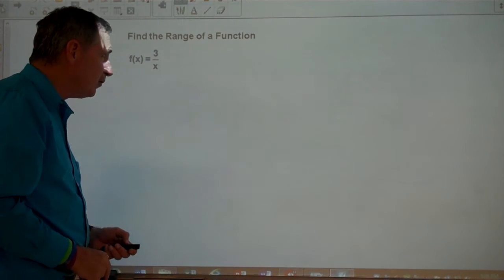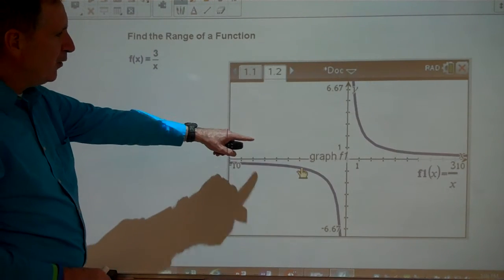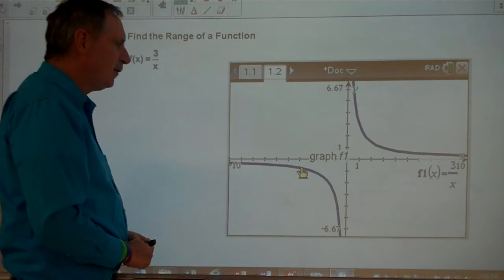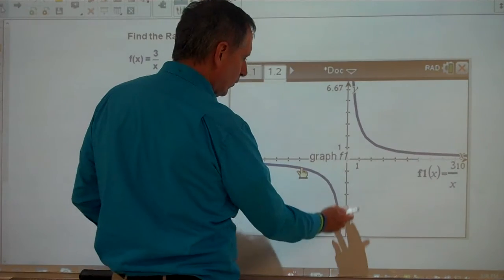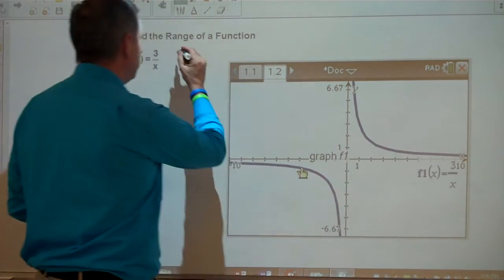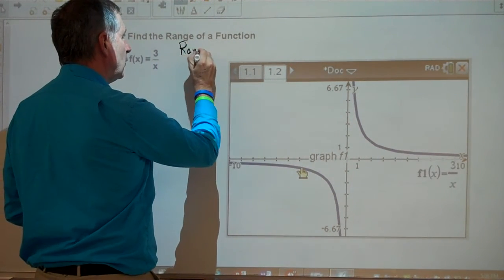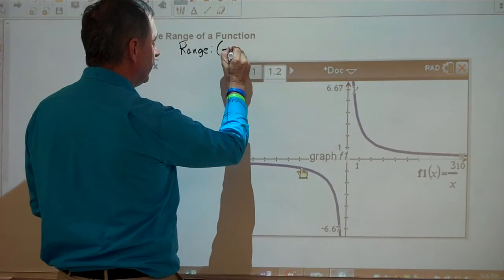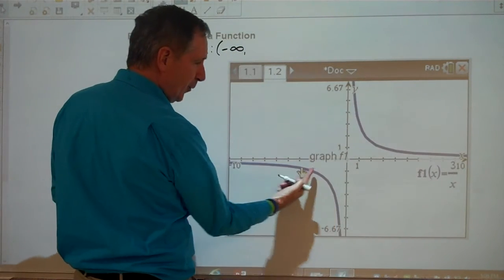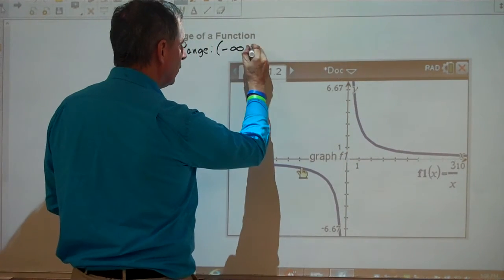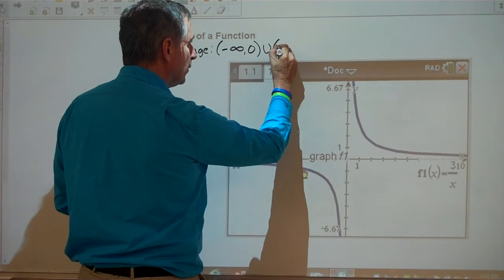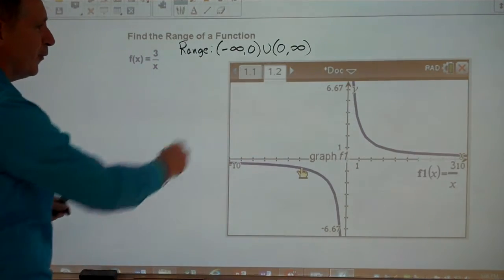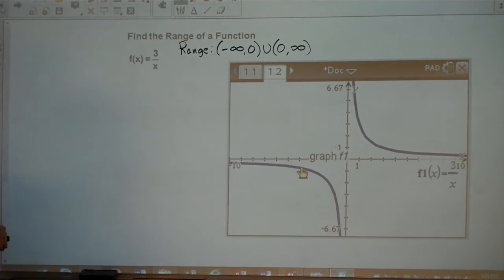You graph the function, see what it looks like, and here's the function graphed: f of x equals 3 over x, and you can see that the range of the function is going to be greater than -infinity up to, but not including 0, union not including 0, but up to less than infinity. So this is an example of the range of this particular function.